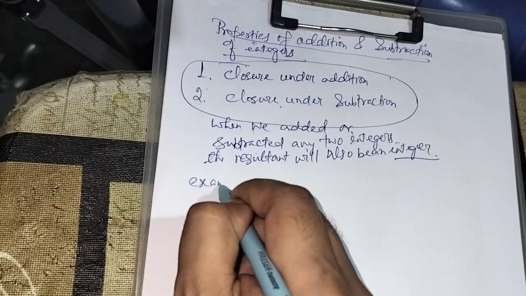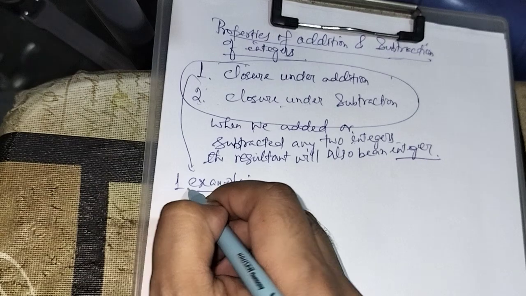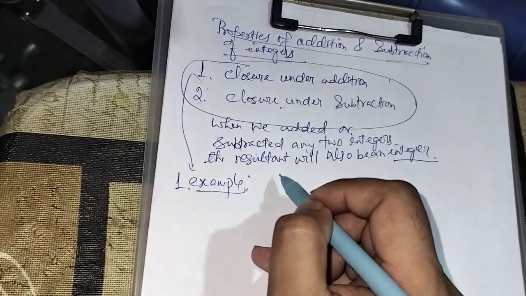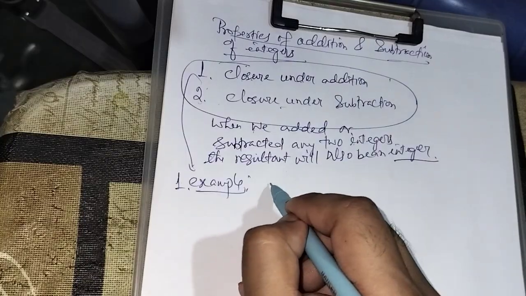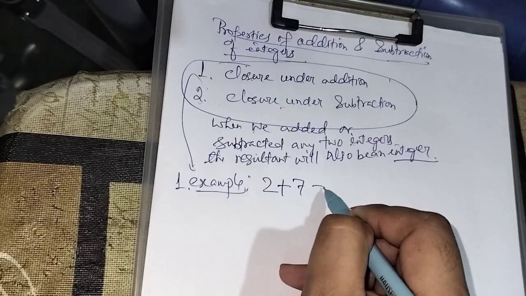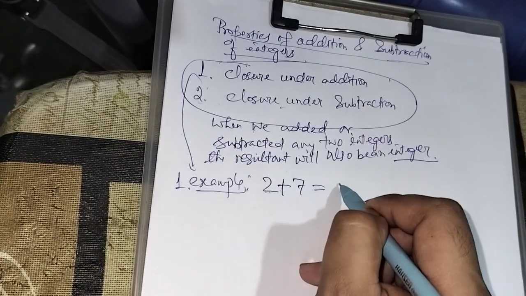Example number one, closure under addition. Suppose I add two integers, 2 plus 7. When we add, we get 9.